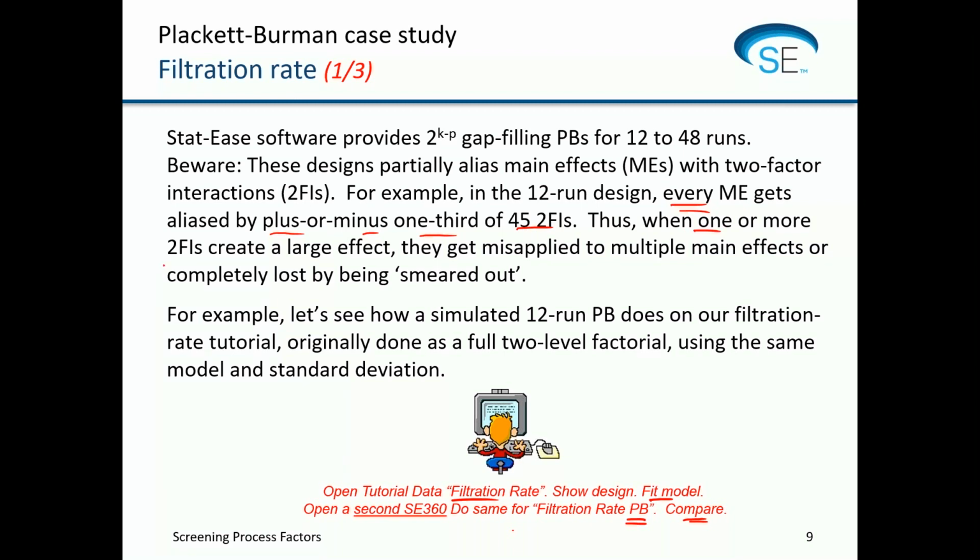Therefore, if you have one or more two-factor interactions that create a large effect, you may get lucky and maybe there aren't interactions, but otherwise they will get misapplied to multiple main effects. I call this being smeared out. The two-factor interactions are going to get smeared out across multiple main effects. All right, so let's see what happens with the simulation.